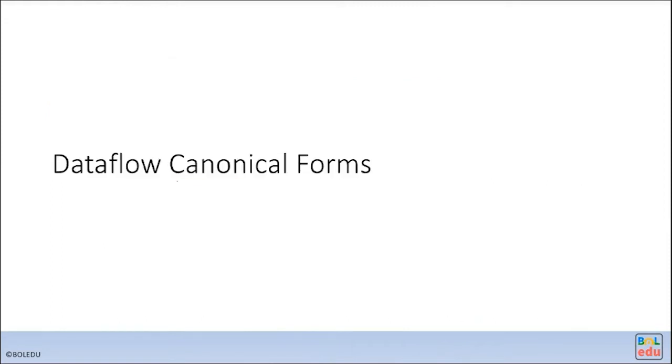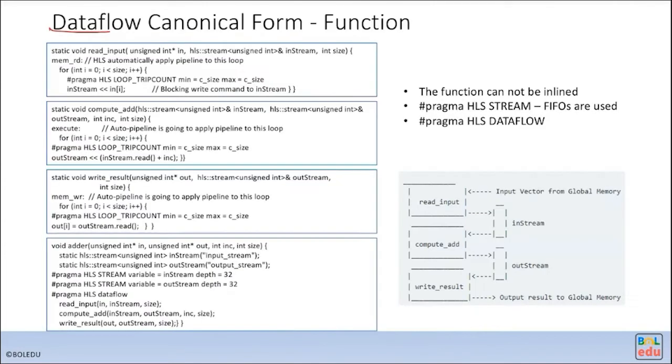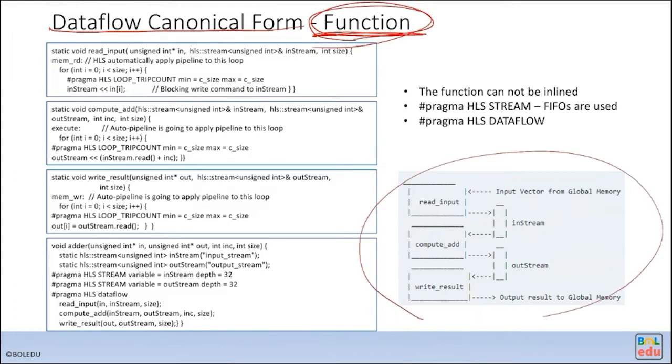Okay, let's talk about the canonical form, the standard usage of the data flow. The data flow can be used for a function or for a for loop. Let's say when you use it for a function, how do you use the data flow? In this case, refer to this diagram.